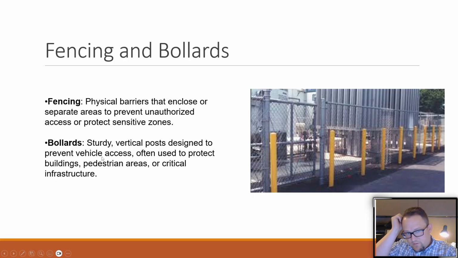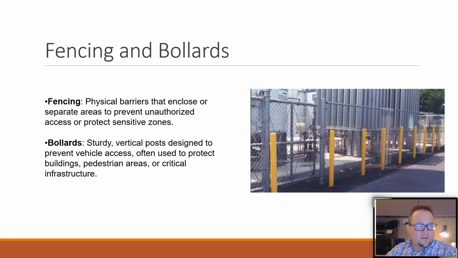So fencing and bollards are definitely something that you'll see everywhere. You probably noticed them, you just didn't know exactly why they're there. But in fencing, we always put in physical barriers to prevent unauthorized individuals from entering restricted areas. You'll notice that the height and material all depend on the level of security.